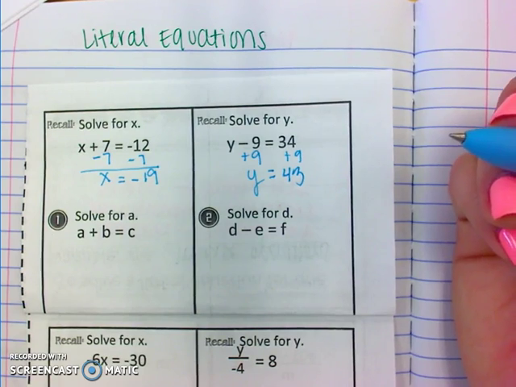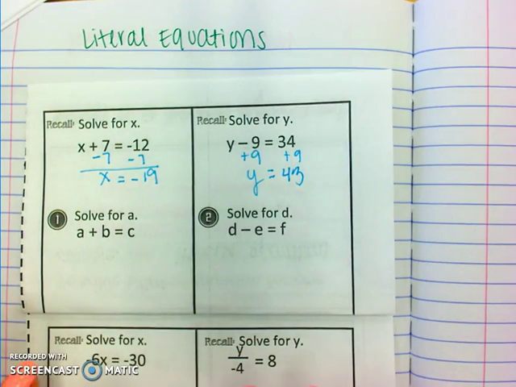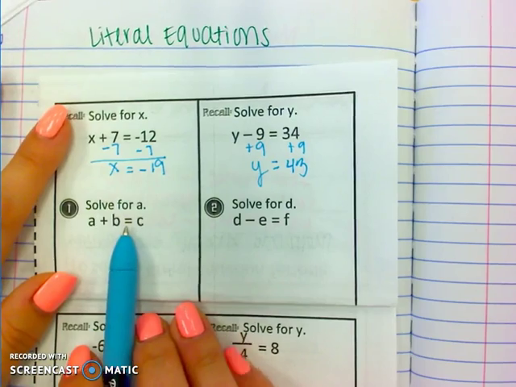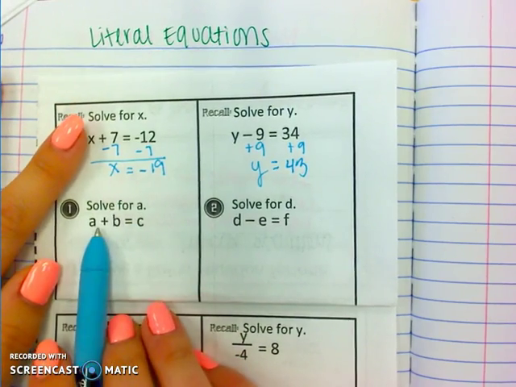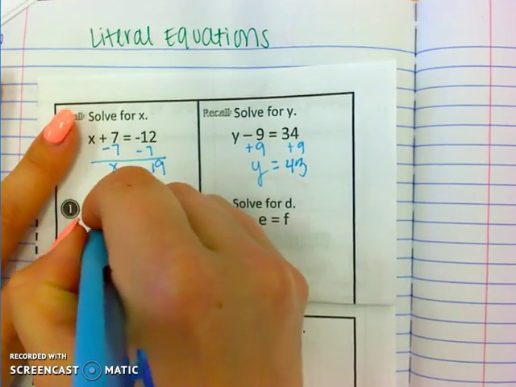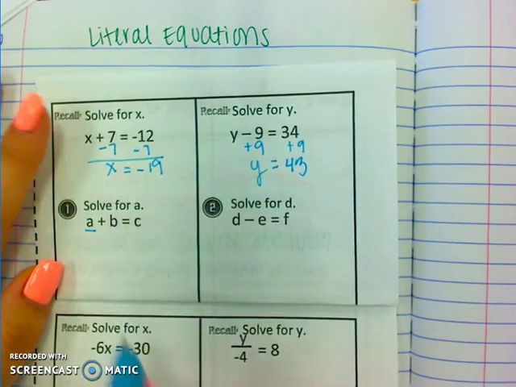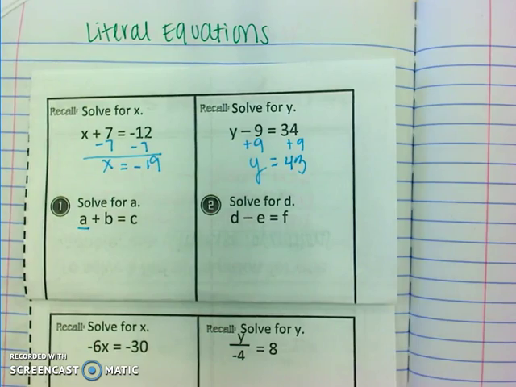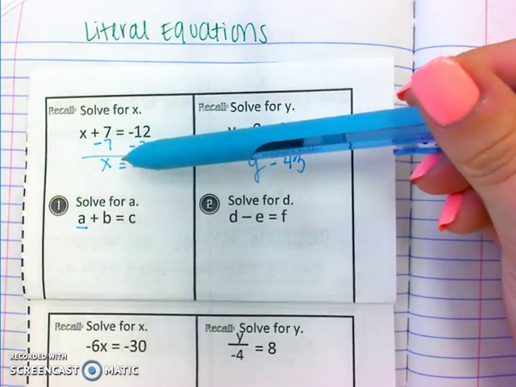But in a literal equation, I have two or more variables, okay? So here I have 3 different variables. If I'm solving for A, I want A all by itself. Well, what's with A? A plus B. All I need to do to get rid of a plus B is the same thing, inverse operations.